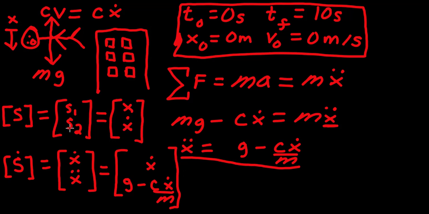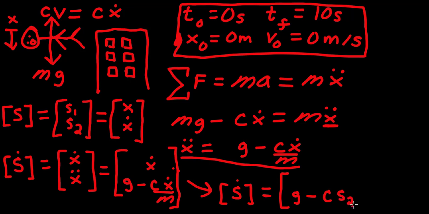Finally, if we put in the state variables, that gives us s dot equals g minus c times s2 divided by m, and s2 up top.